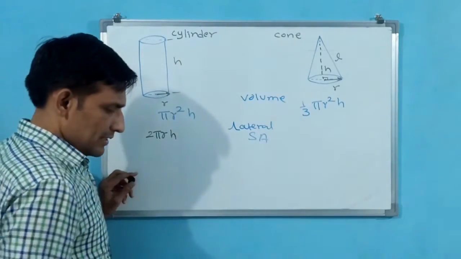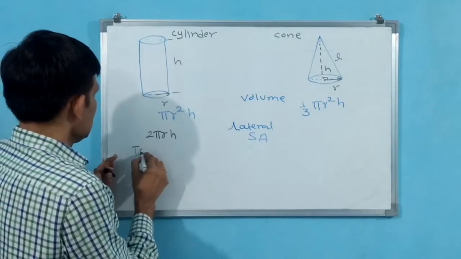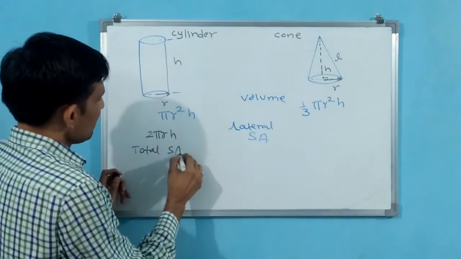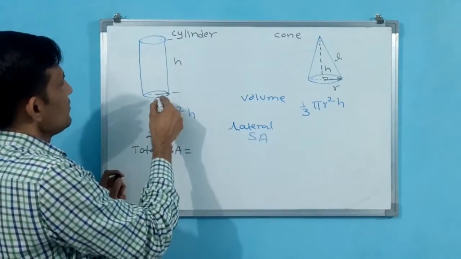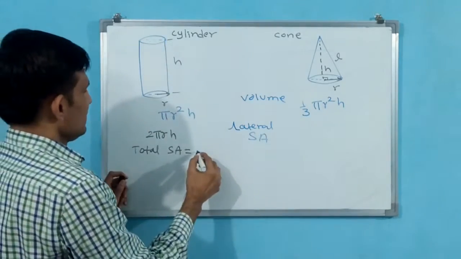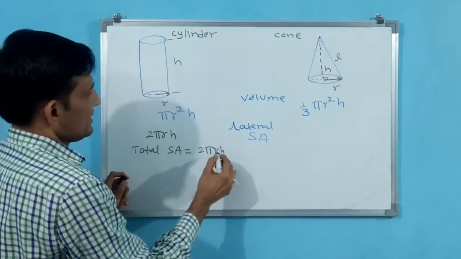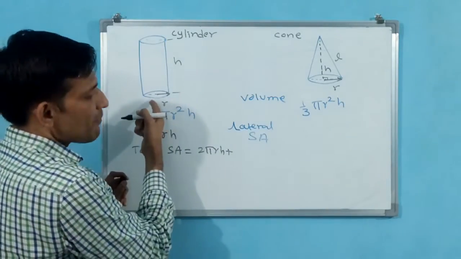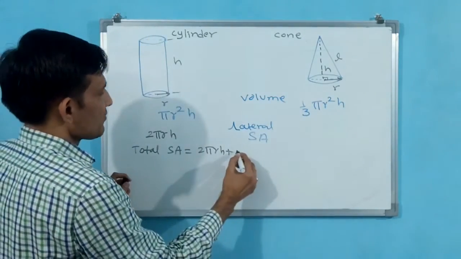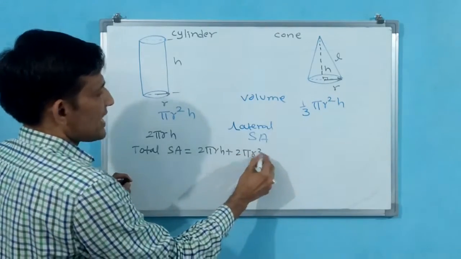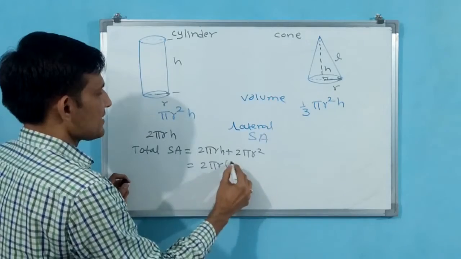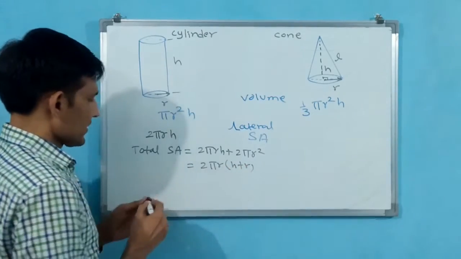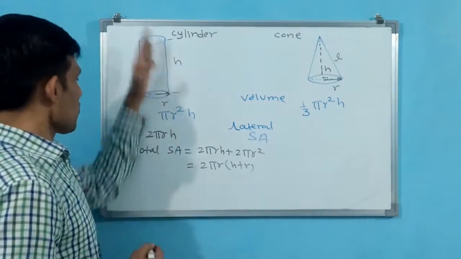And total surface area is 2 pi r h plus top pi r square plus bottom pi r square, that is 2 pi r square. Then take 2 pi r as common, h plus r. This is the total surface area.